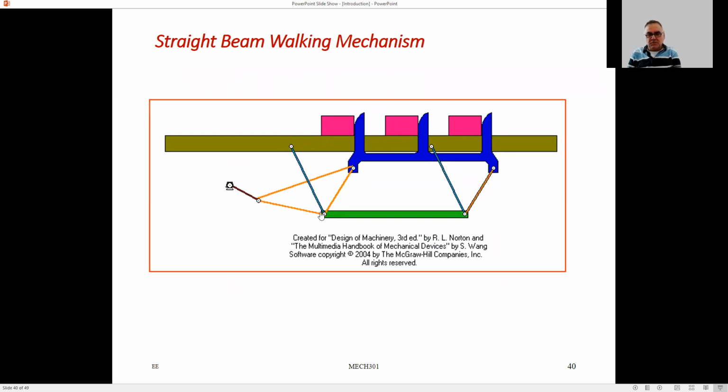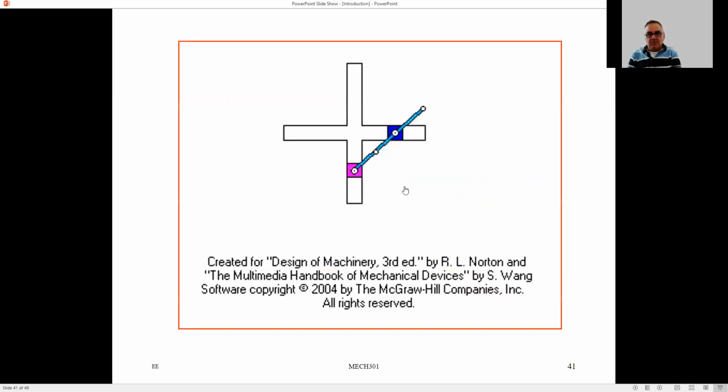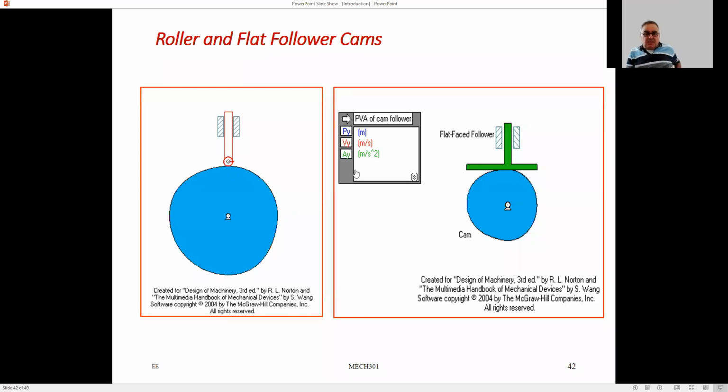Again, it pushes a conveyor, it seems to me, but it's a more sophisticated mechanism. And this is a simple mechanism actually. Two sliders connected by a rod. There was a name for this, but I forgot the name now. And then there are the cams.